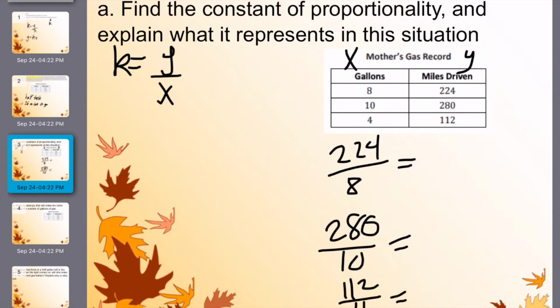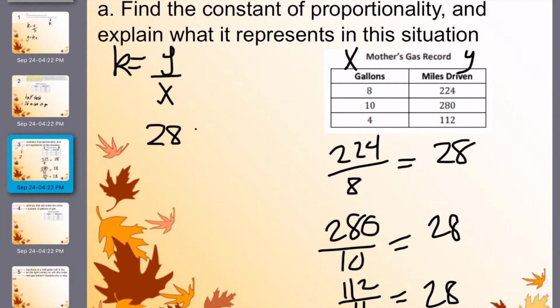But regardless, each time my constant of proportionality is going to be 28. Now this 28 means that I can travel 28 miles for every gallon of gas. So 28 miles per gallon.